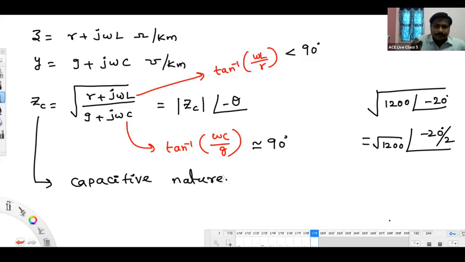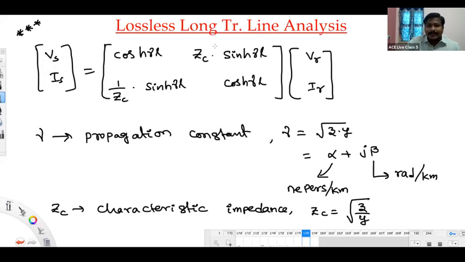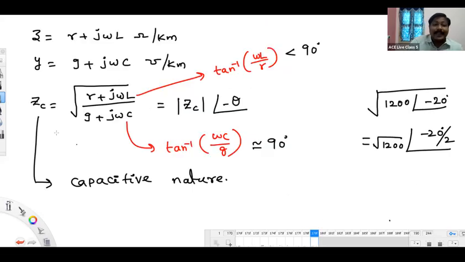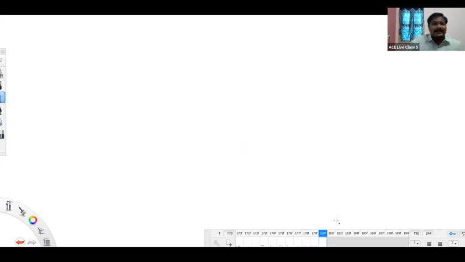I'm not saying all these things for a lossless line. Strictly speaking, it's not for a lossless line. For a practical transmission line, the characteristic impedance is capacitive in nature. I'll write that in the next slide.